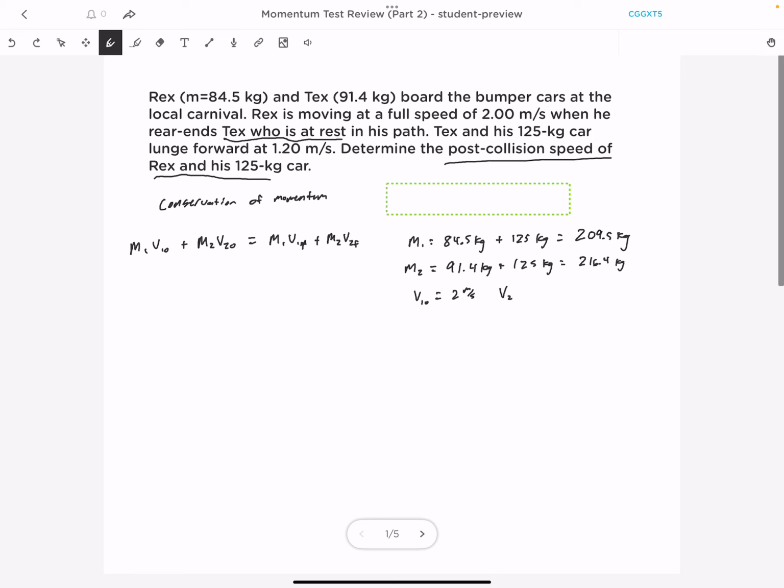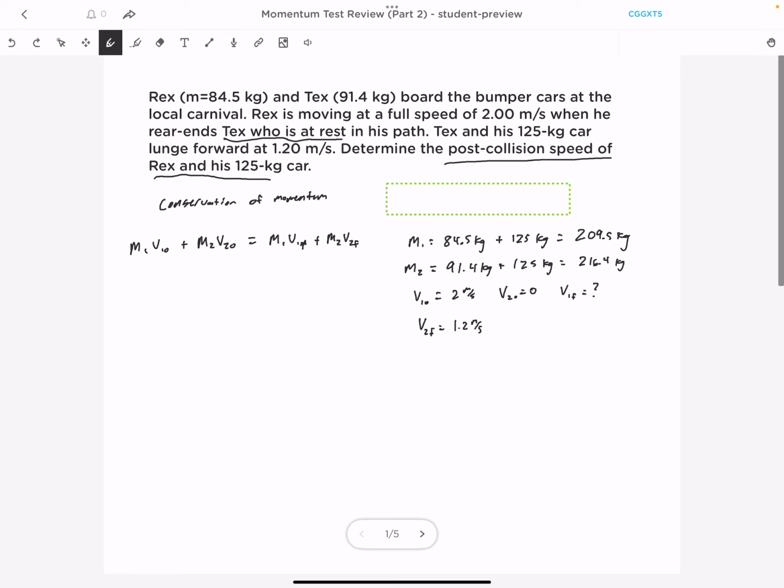The initial velocity of Tex is 0. The final velocity of Rex, that's what we need to find, right? We need to find the final velocity of Rex. And then the final velocity for Tex, it says in the problem, 1.2.